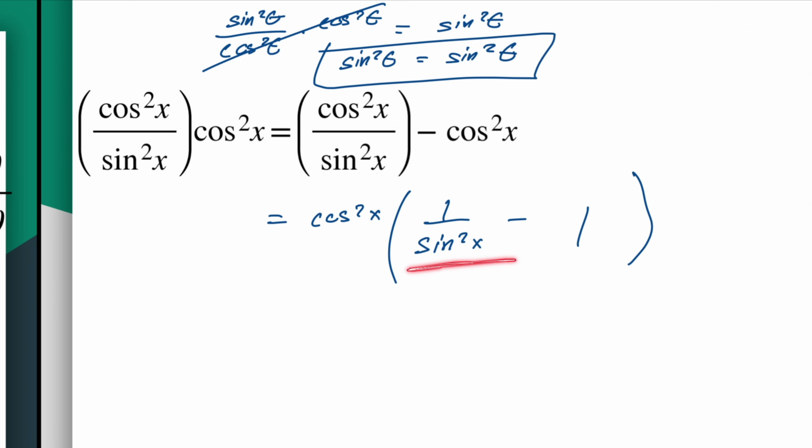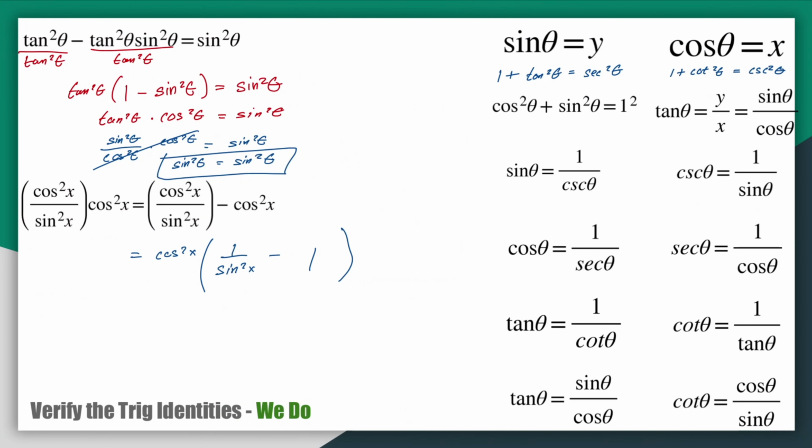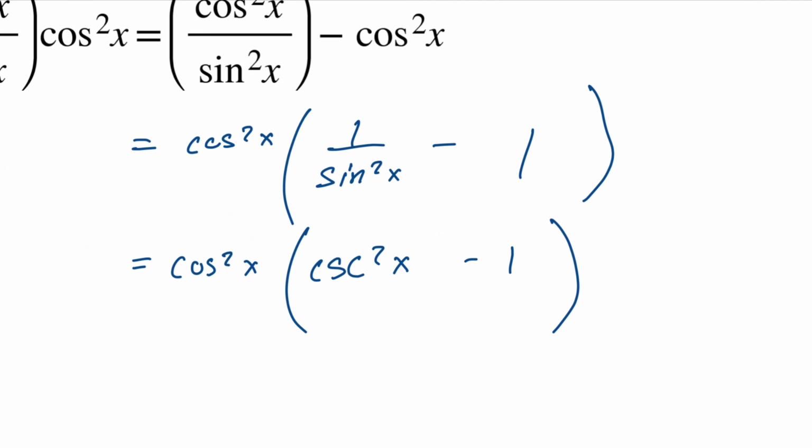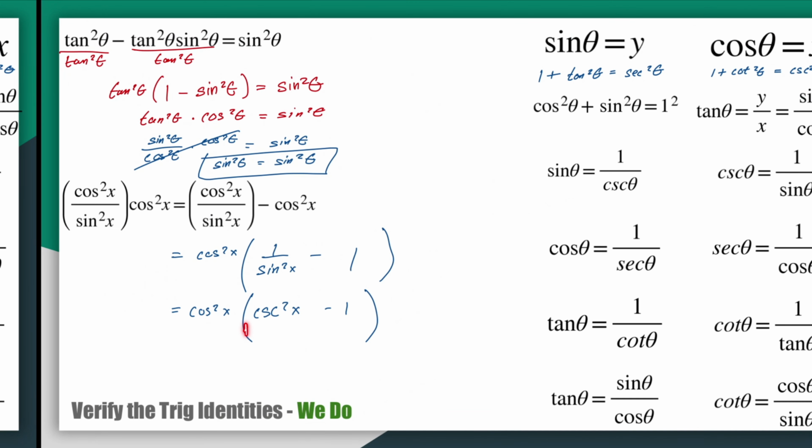Now 1 over sine squared x, this could be changed, right? So 1 over sine theta is the same thing as cosecant theta, all right? So I'm going to rewrite this as cosine squared x times cosecant squared x minus 1. Now, this should ring a bell. Cosecant squared x minus 1.